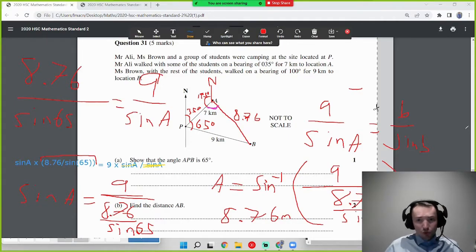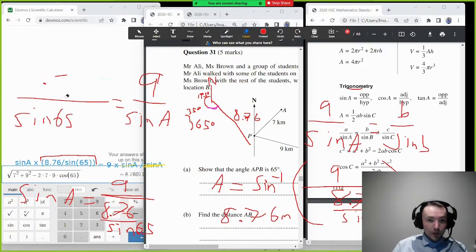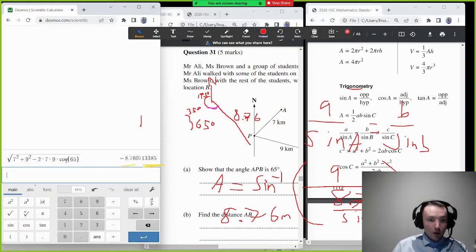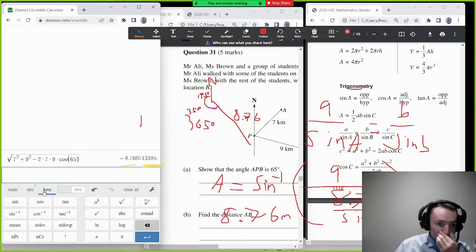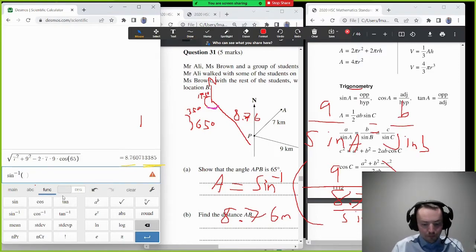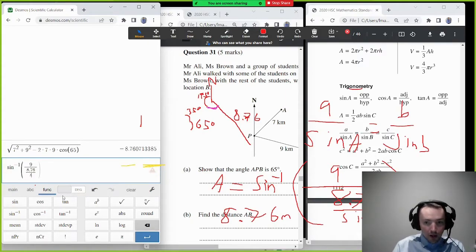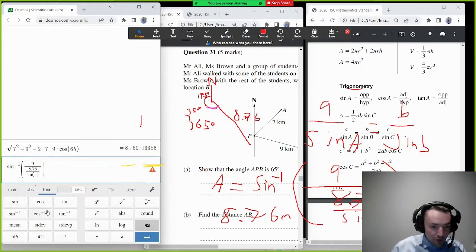Okay, so we're going to go ahead and plug that into a scientific calculator. So I'm going to get rid of this side real quick so we can see what we're doing. So we're going to go to inverse sine and go 9 divided by 8.76 divided by sine, make sure that's actually sine 65 degrees.